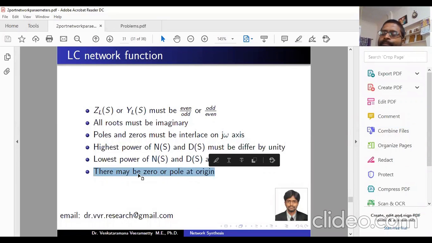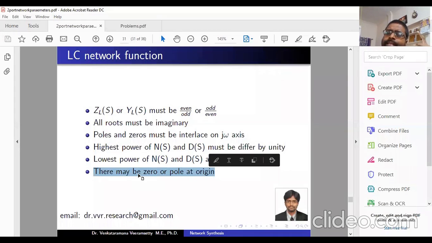The first one is the network function must be the ratio of even by odd or odd by even, and all the roots, that means all the zeros and poles, must be imaginary. That means they must be located or marked on the imaginary axis of the S-plane. At the same time, the poles and zeros must be coming in an interlaced, alternate fashion.